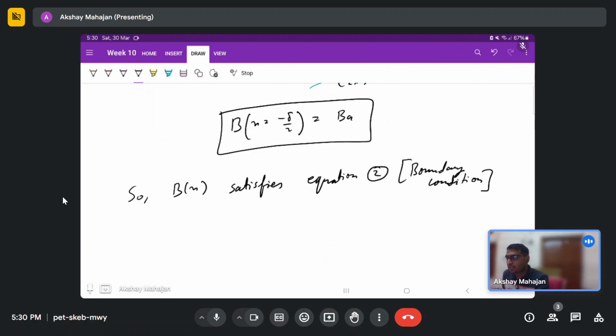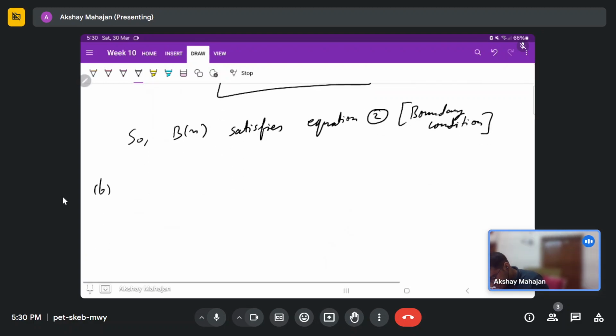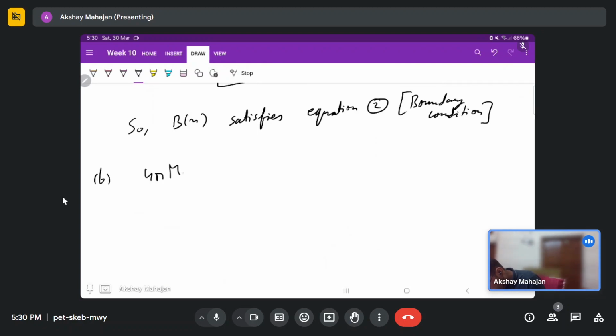So this was our part A. Now in part B we have to find the magnetization M(x). Now 4π M(x) is given to us by B(x) minus Ba.